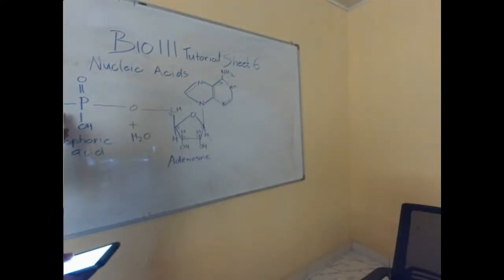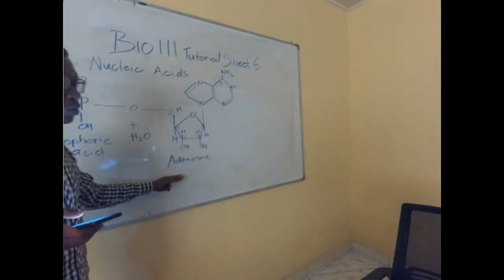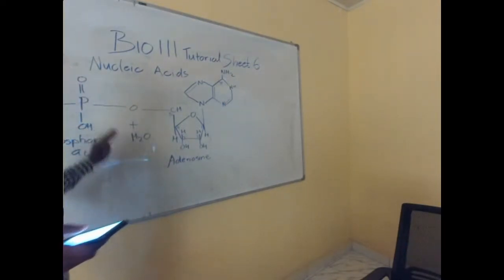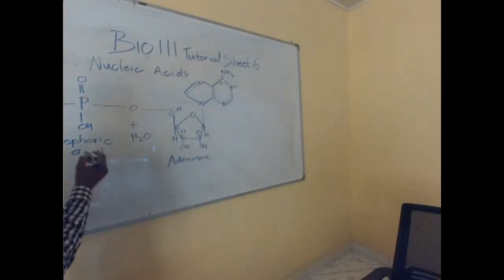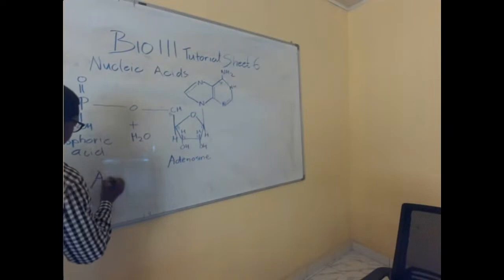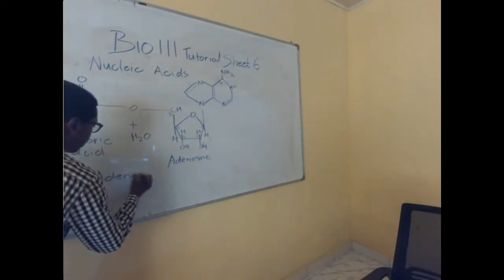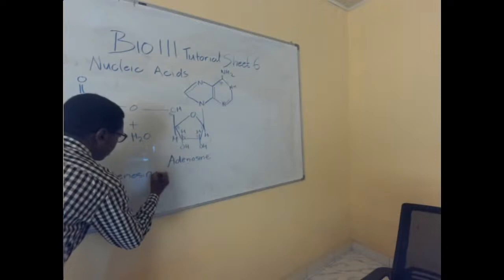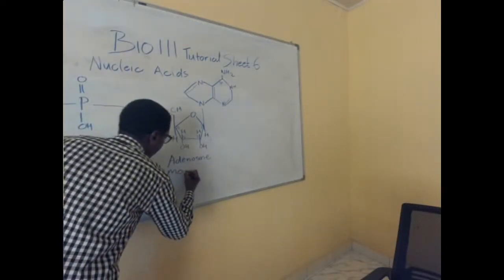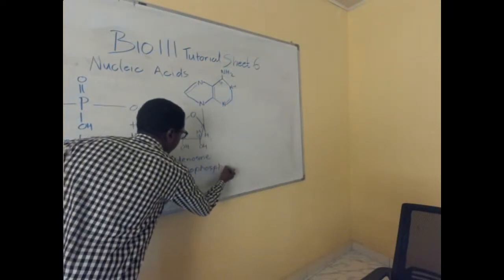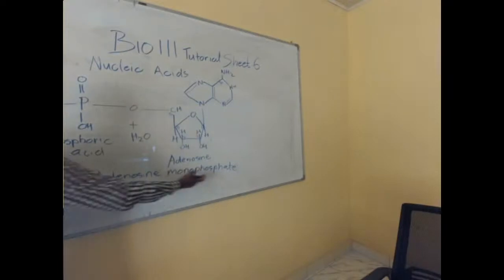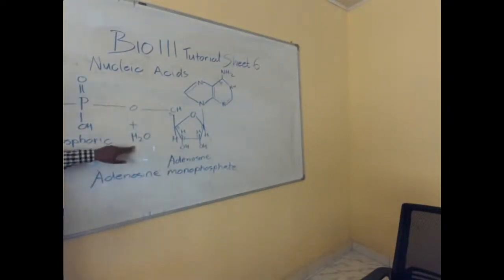So now that a phosphate group has been added to our nucleoside, we now have what's known as a nucleotide. So this nucleotide is known as adenosine monophosphate. Another phosphoric acid can be added to this molecule.